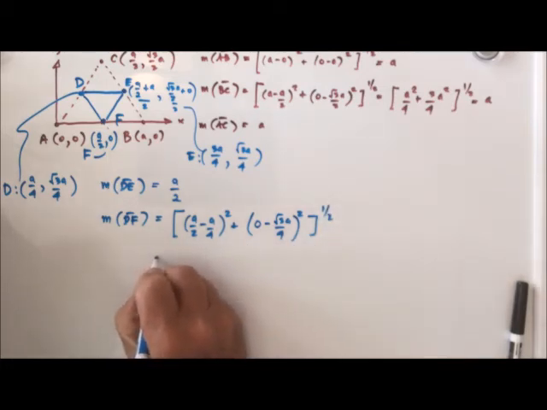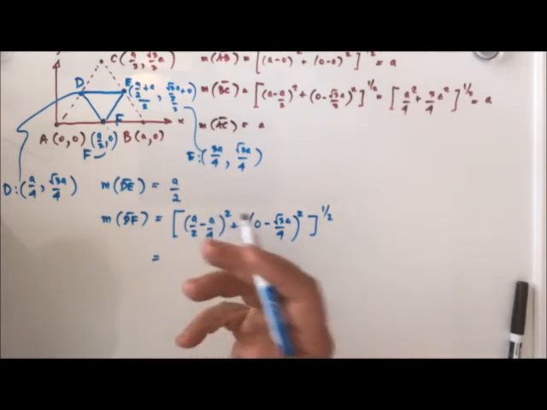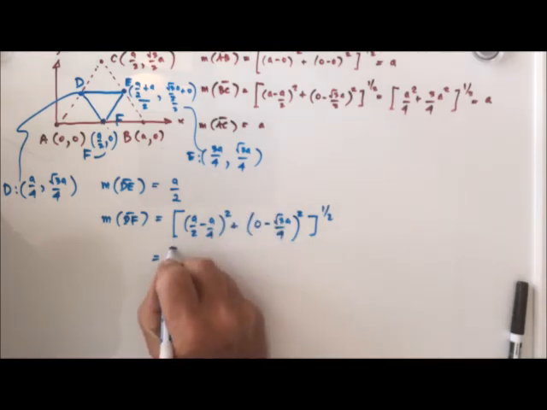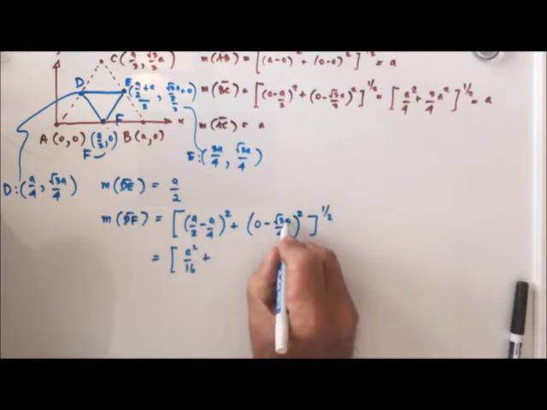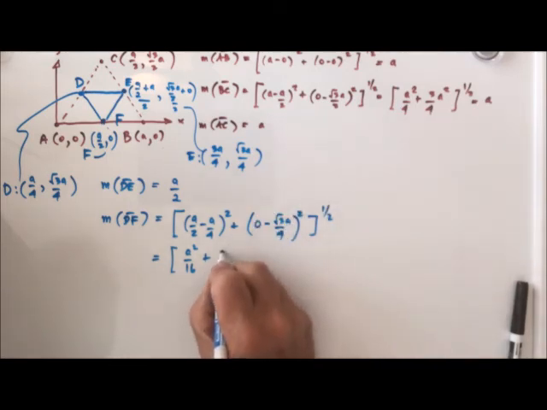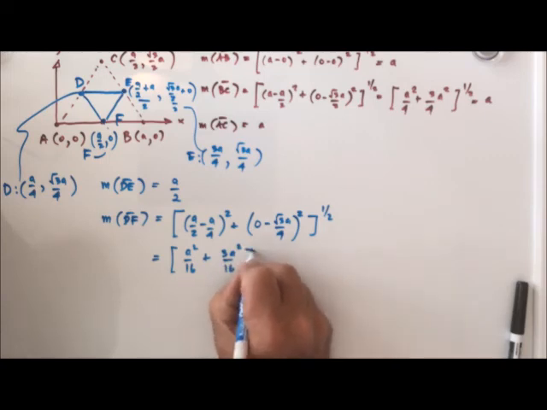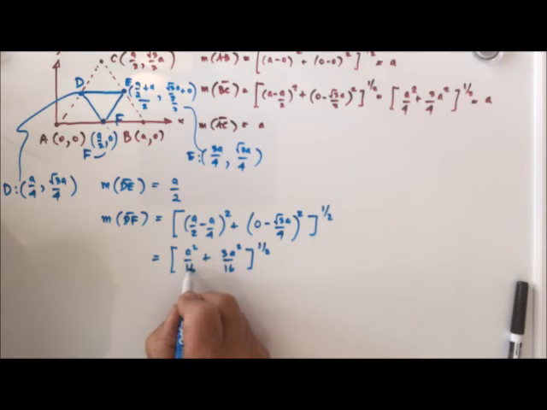So it's a little arithmetic left to do. a/2 minus a/4 is a/4, squared is a squared over 16. 0 minus √3a/4 is √3a/4, squared is 3a squared over 16. Take the square root.